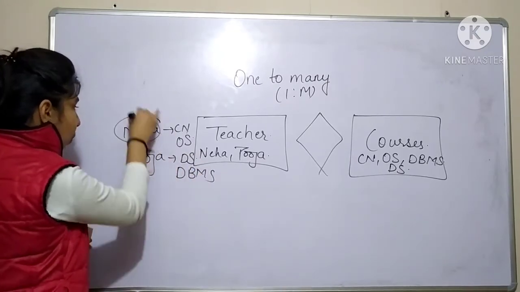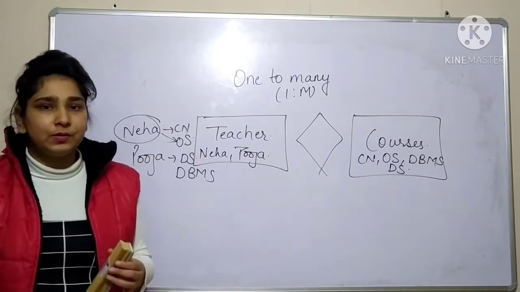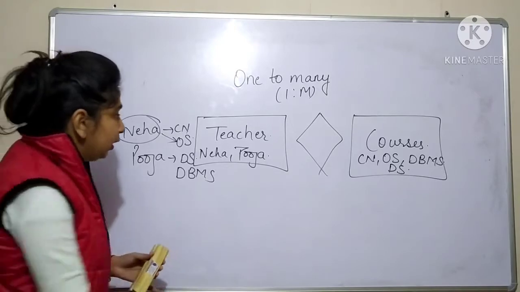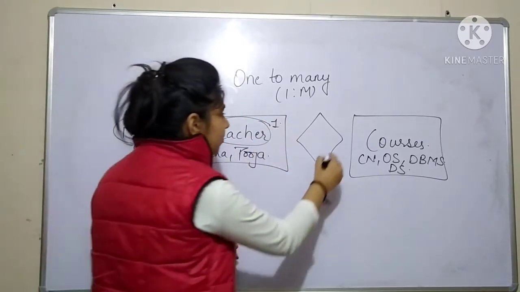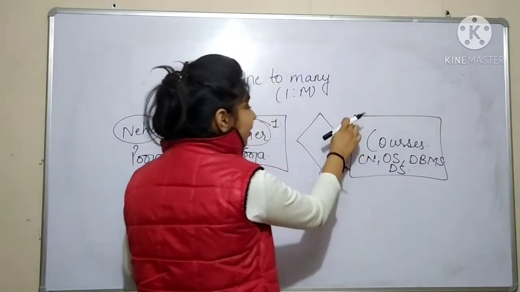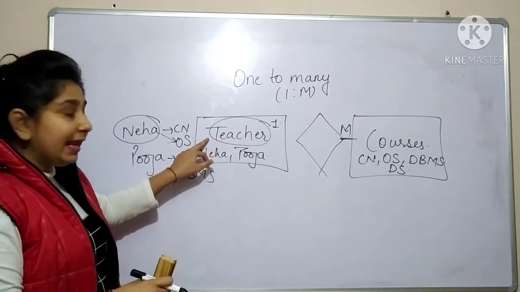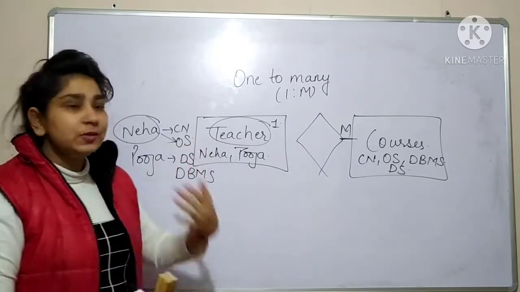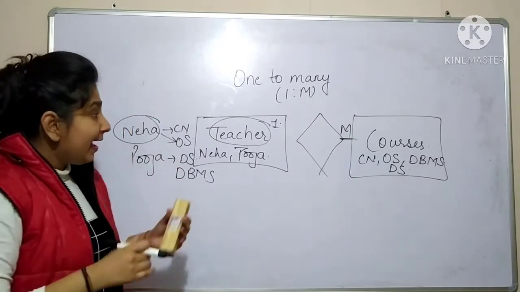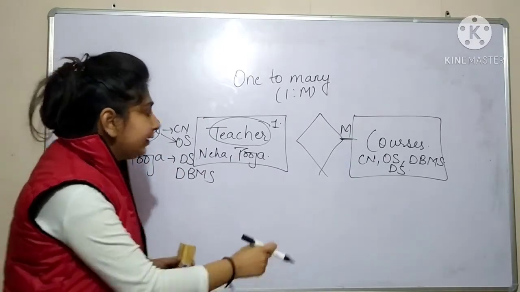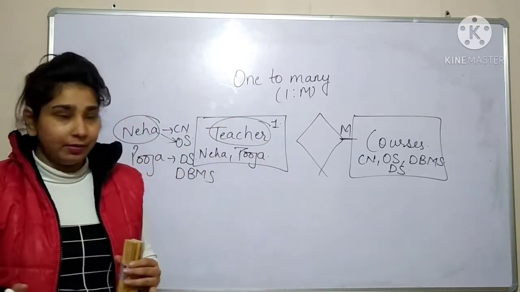So one teacher is teaching many courses. It is quite logical. You will write M this side and take one here. One teacher is teaching many courses, and one course would be taught by only one teacher.